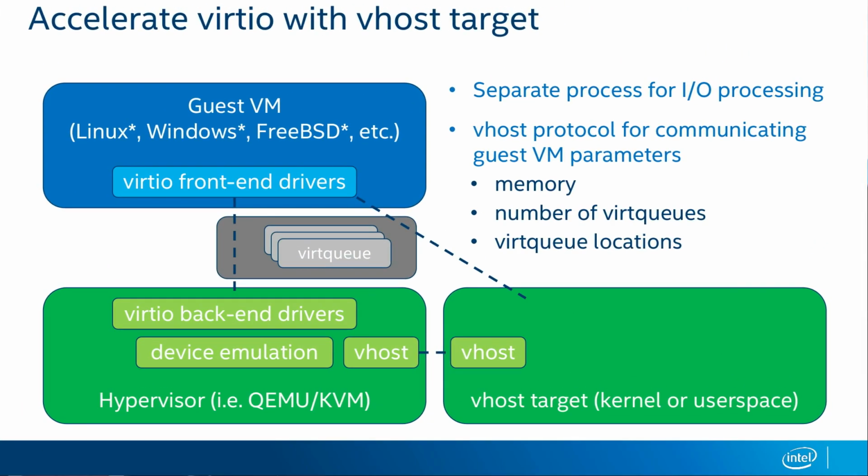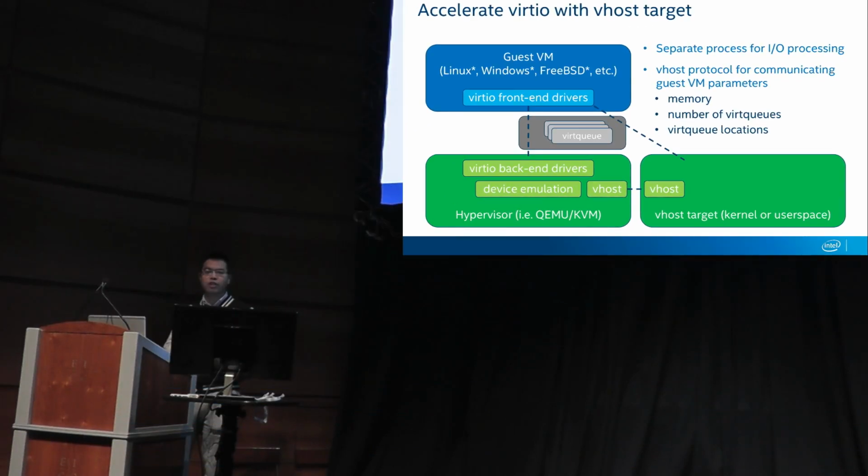So this page is just to review the vhost idea to accelerate virtio. We know the idea is very clear. The vhost idea is that we have a separate process for the I/O processing, and we use the vhost protocol to communicate the guest parameters between QEMU and the separate process, and we can negotiate such information of the virtio protocol.